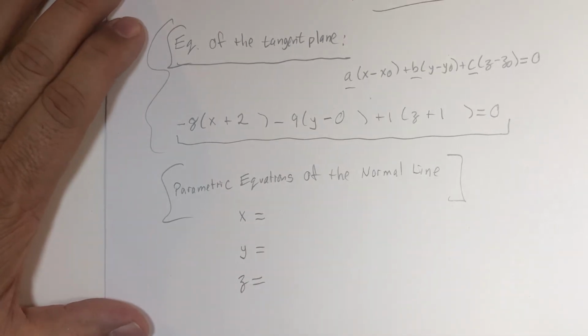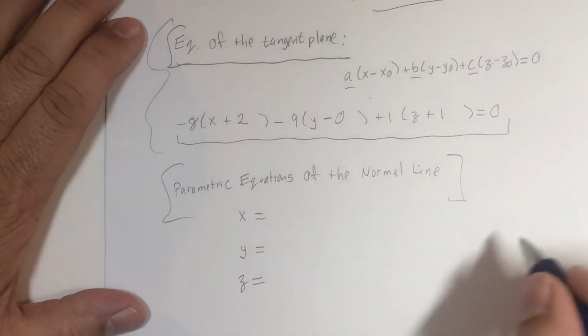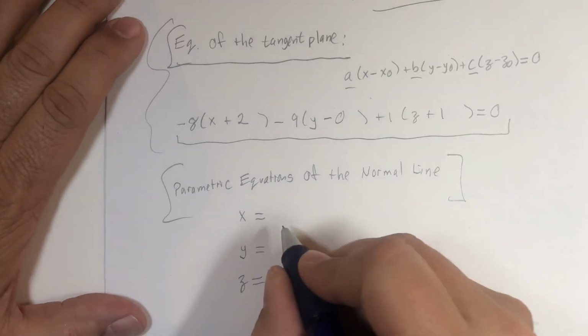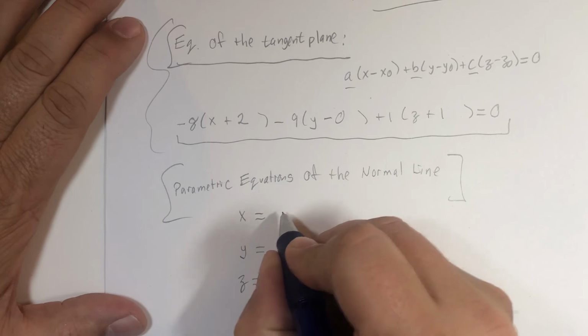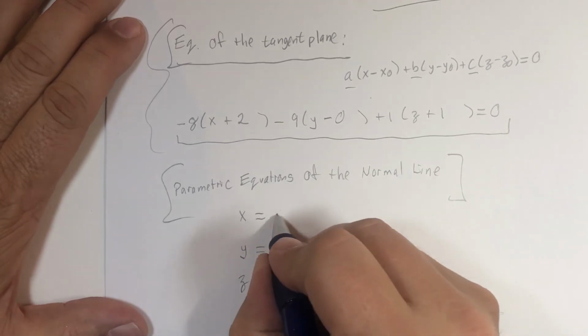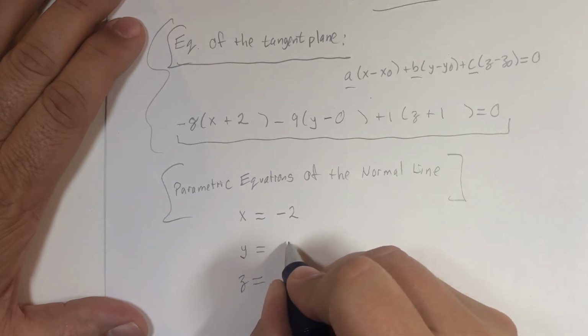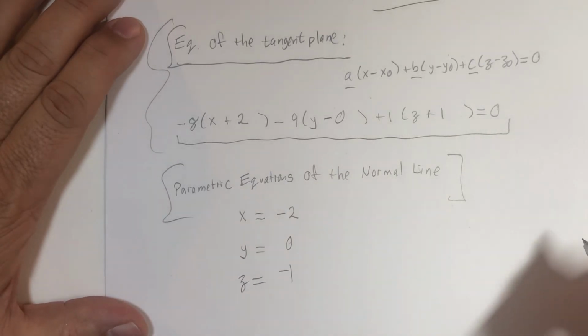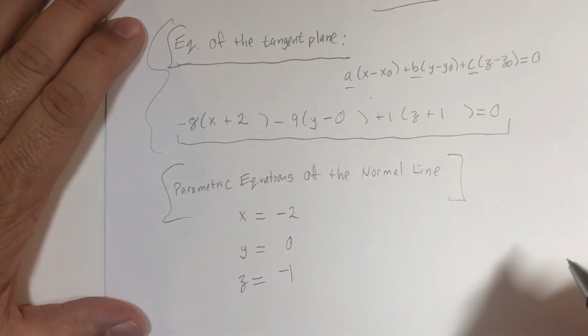You have a place to begin, and I'm not writing down the basics again because this is something we've done many times. The starting point is the point where it's tangent to the plane, since that's the only point given to us. -2, 0, -1. We probably could find other points in this line, but that would take a little additional labor. And I'm going to just go with it that maybe we don't want to do extra work.